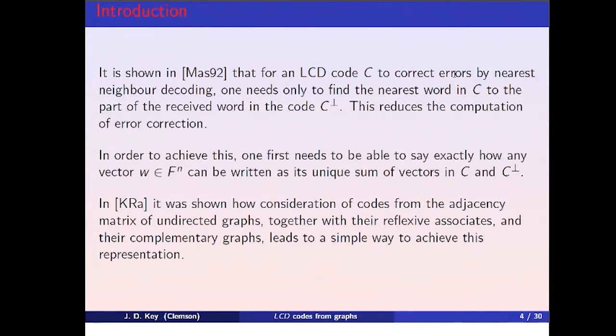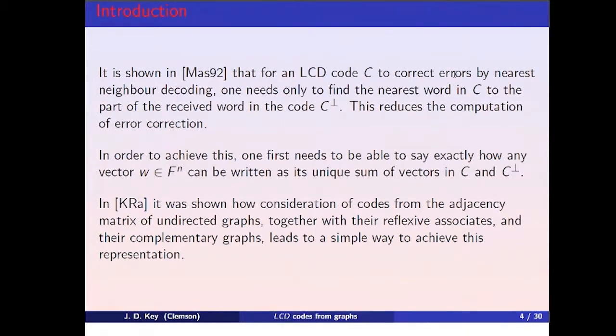What he shows is that it facilitates decoding, nearest neighbor decoding, in that all you need to do is express all the words in the whole space in terms of their direct sum: the part that's in C and the part that's in C perp.